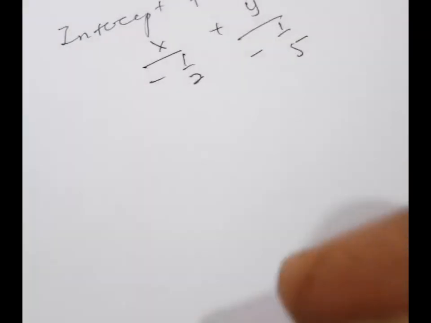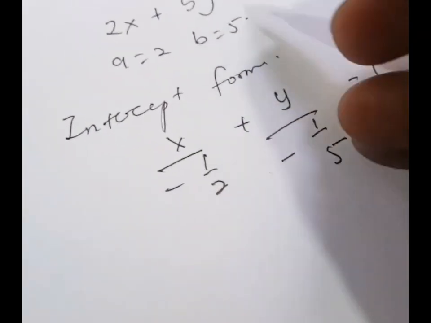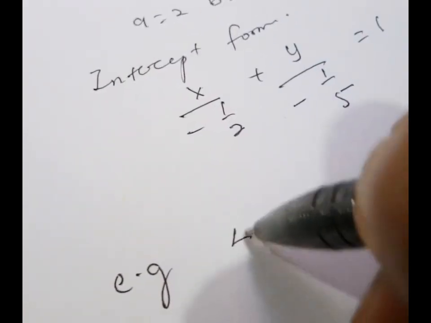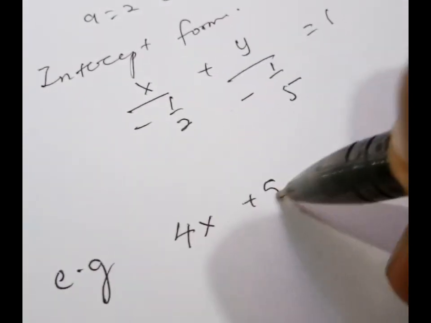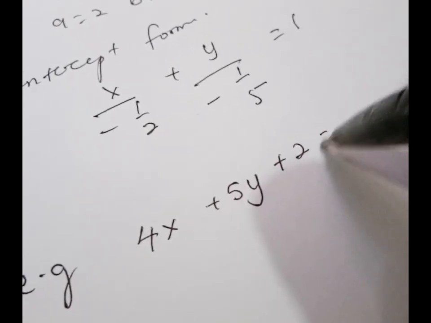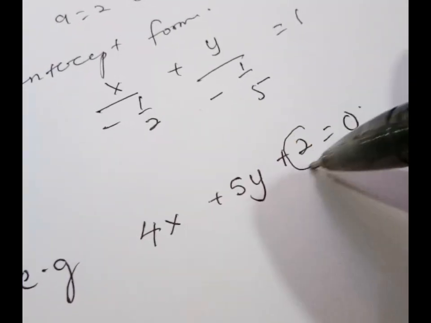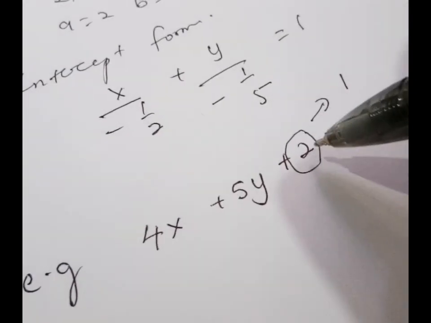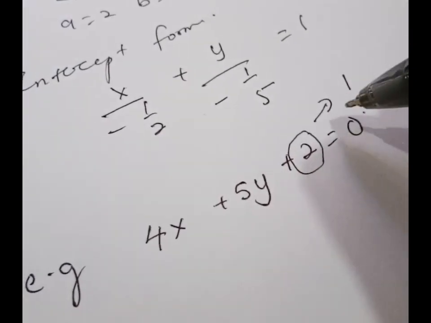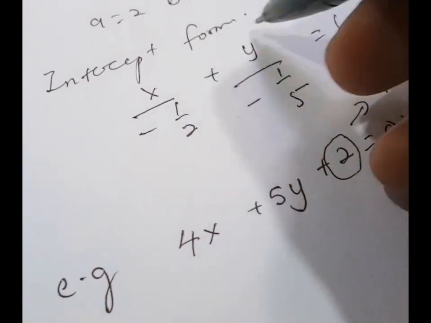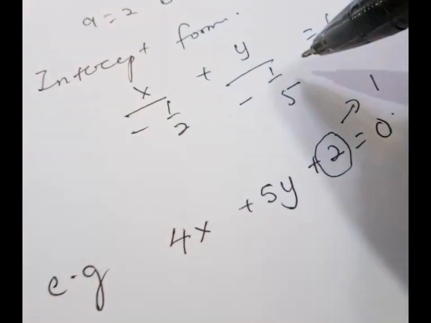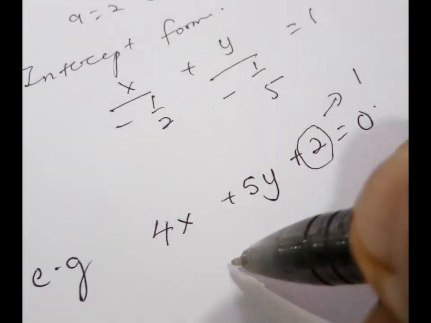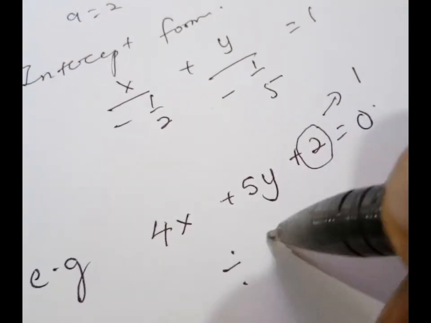Another example, let's say we have 2x plus 5y plus 2 equals 0, which does not have 1 here. We must make the number 2 become 1 first, and only then can we change into intercept form. To do that, we divide each term by 2.